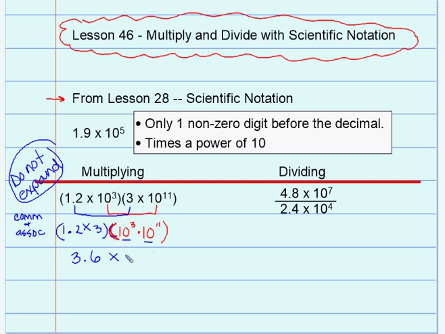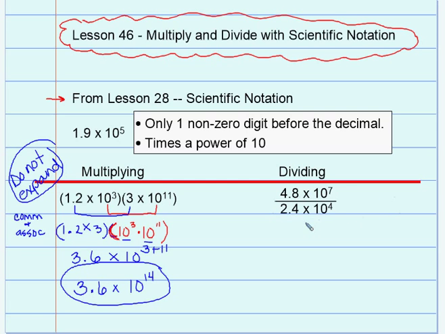So that's going to be times 10 to the 3rd plus the 11th power. So your answer is 3.6 times 10 to the 14th. That's it. We'll do the division and then I'll make a note for you.